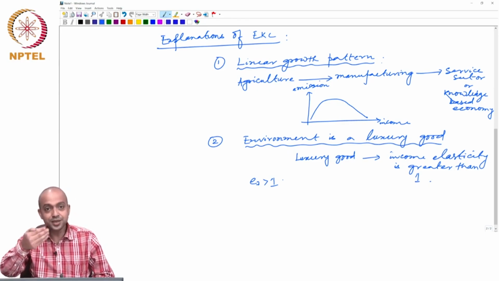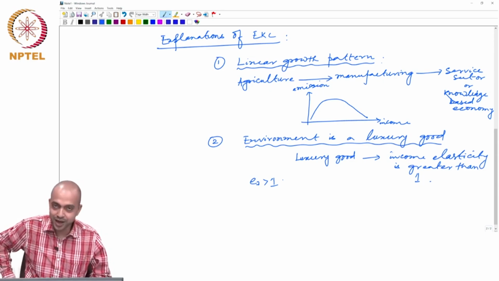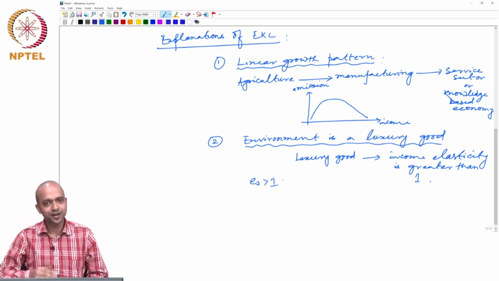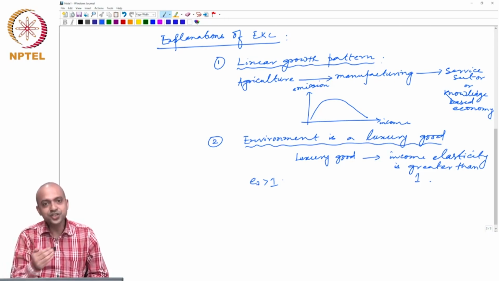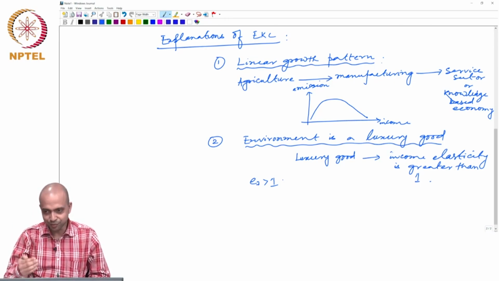When the economy achieves a certain per capita level of income, at a higher level of income, what happens? Individuals start caring about the environment, they demand clean environment, they demand environment friendly goods and services. Firms also can afford it now, and when there is demand for cleaner products, firms start producing goods and services which are less pollution intensive.